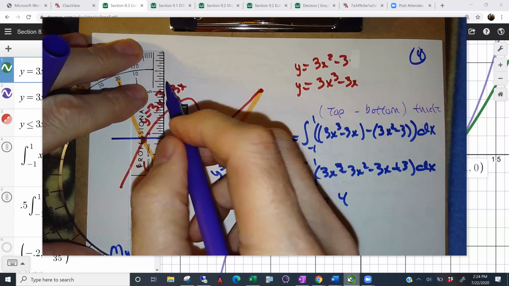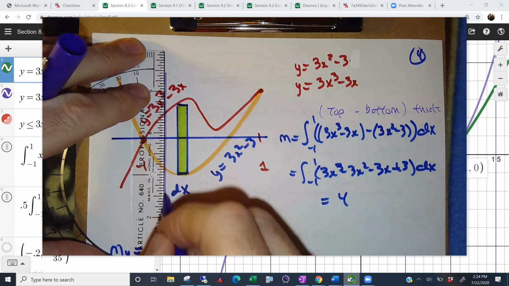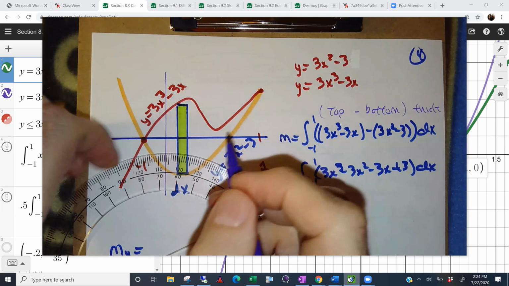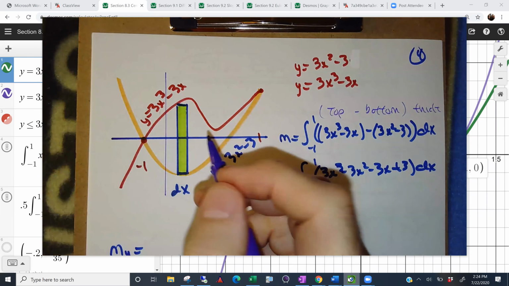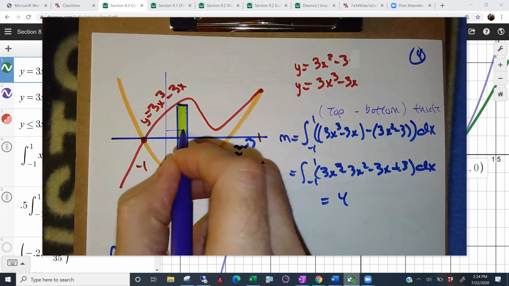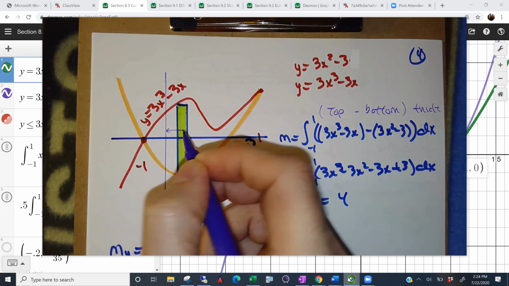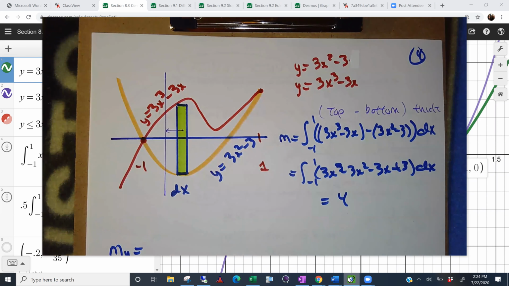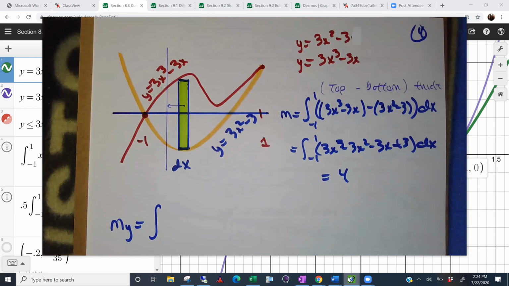This is not going to be drawn to scale by any means. But I want to try and find the distance between here and my y-axis. That's going to be part of my integral. The integral is going to go from -1 to 1, just like the area integral did.